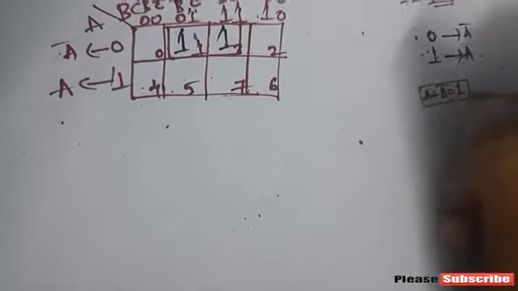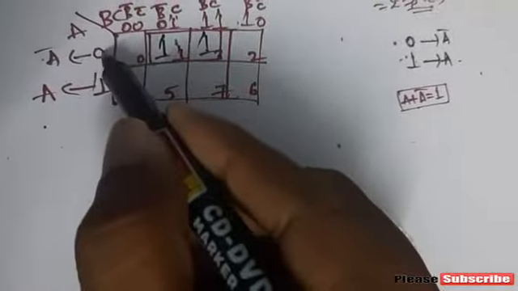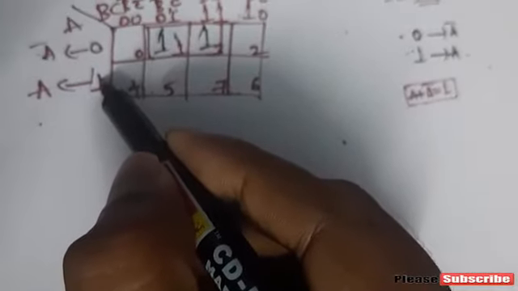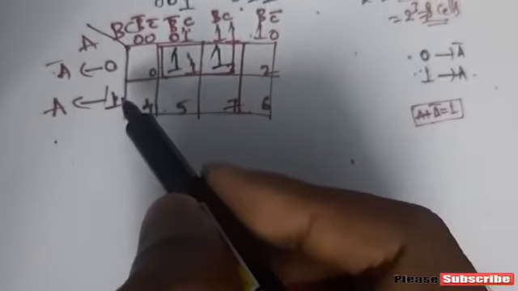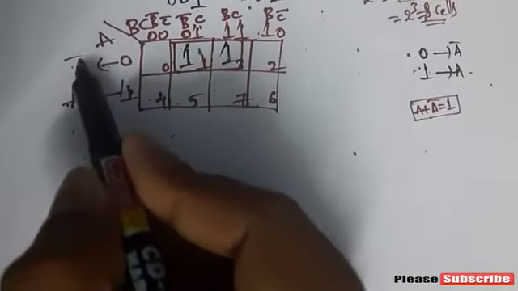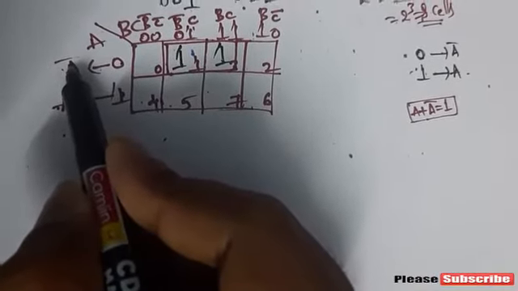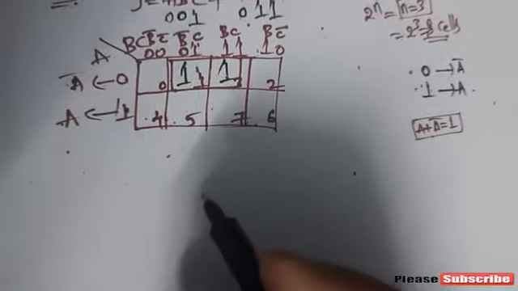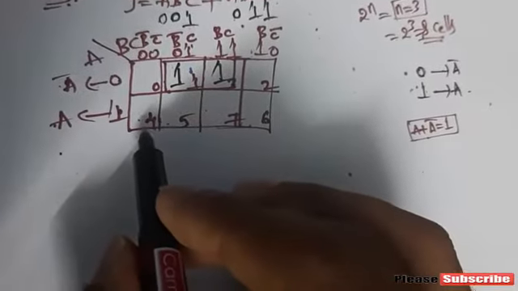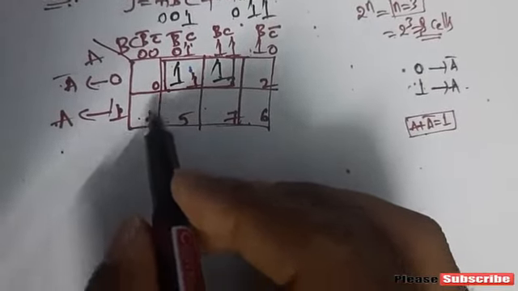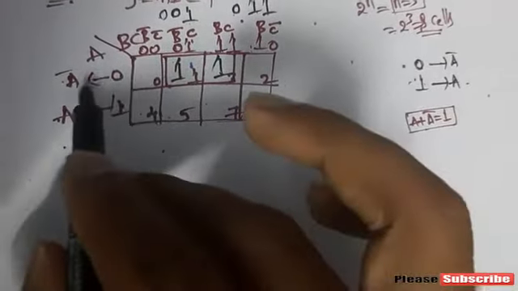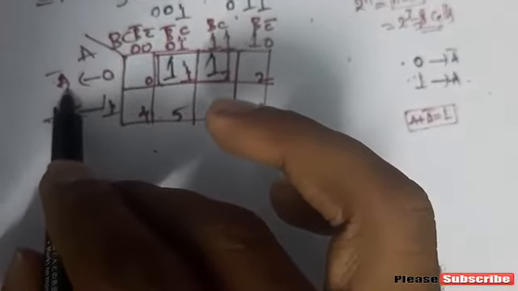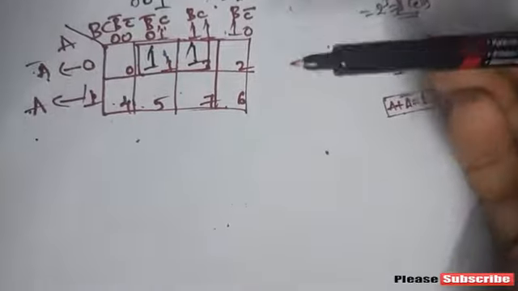Here you can observe 0 and 1 cannot be the same, they are different, so that variable drops out. But here you can't have matching cells in A, you have only A bar, so A bar will be common.